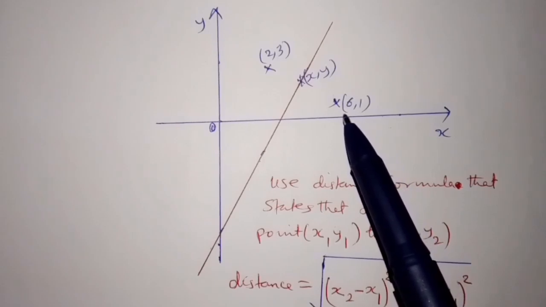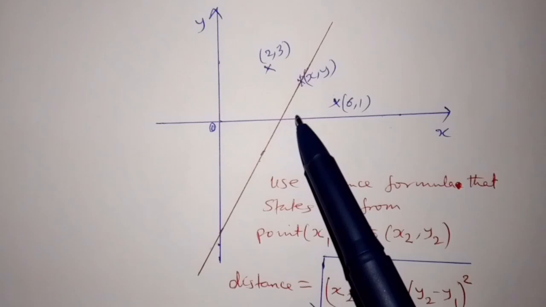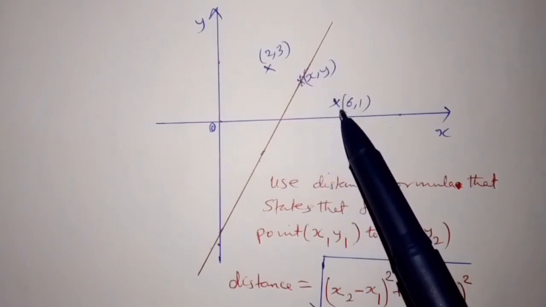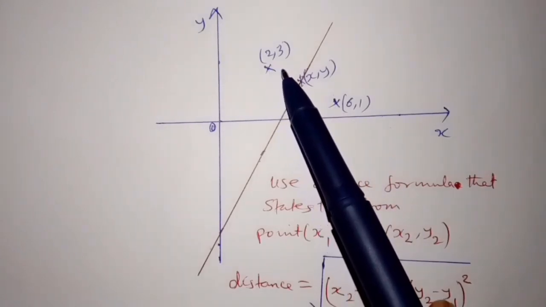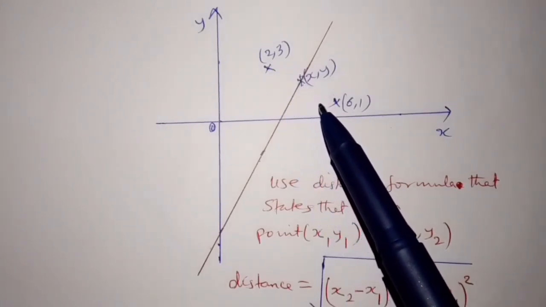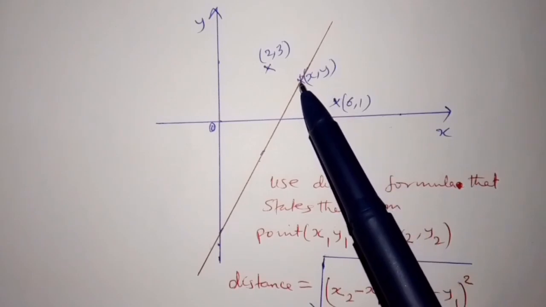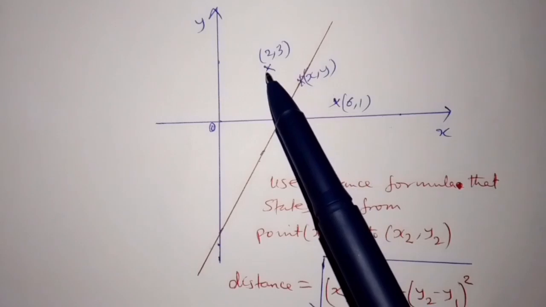So we want to find the equation of this line which is equidistant from point 6, 1 and point 2, 3. The meaning of equidistance is that from here to here is the same as from here to here.